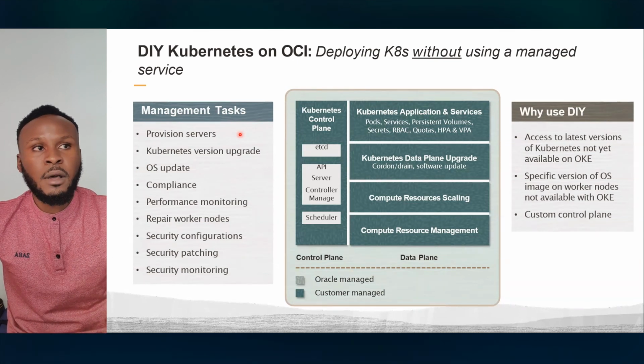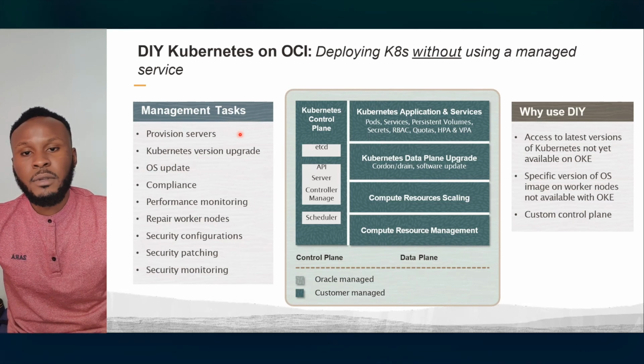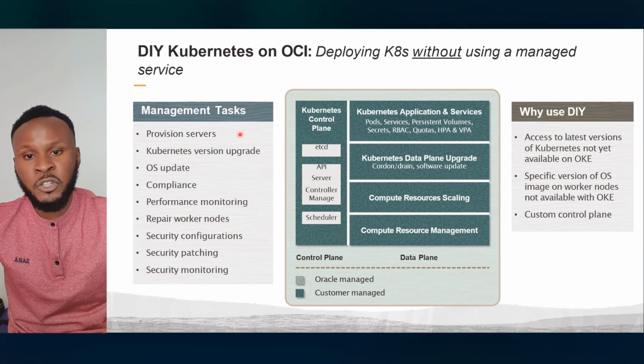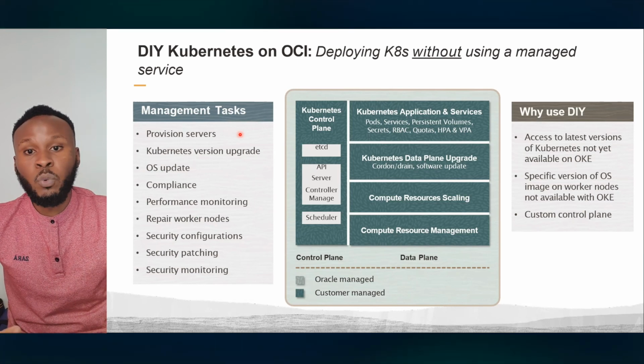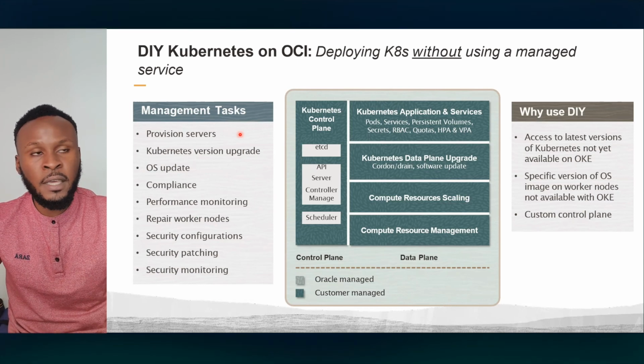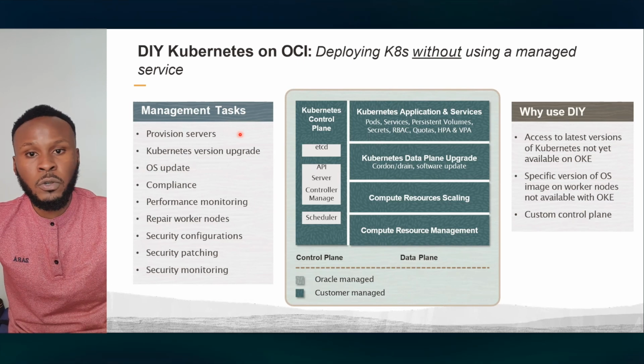The reason you might need to do this is because maybe the version that we currently have within our OKE service is not the version that you want to use. Maybe you want to use a later version, or maybe you want to use an operating system that we still don't support within OKE. This might be one of the means to achieve this kind of scenario.